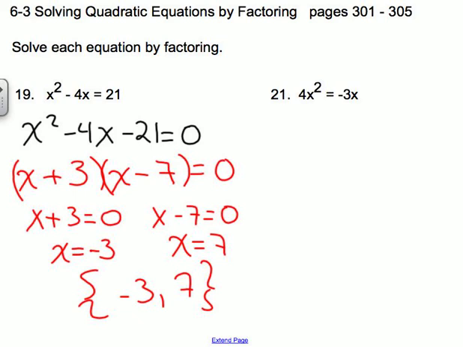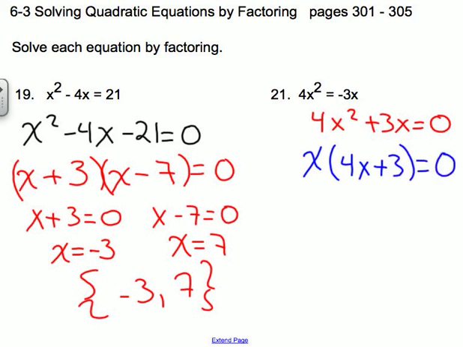Problem 21, same idea. You have to move everything to one side. So if I add a 3x to both sides, I will get 4x squared plus 3x is equal to 0. Again, ask yourself, is there anything I can pull out? When I look at it, I see I have an x in each term, so I'm going to pull an x out. When I factor the x out, I'm left with 4x plus 3 in parentheses.